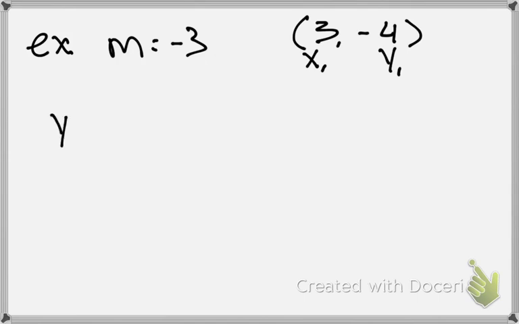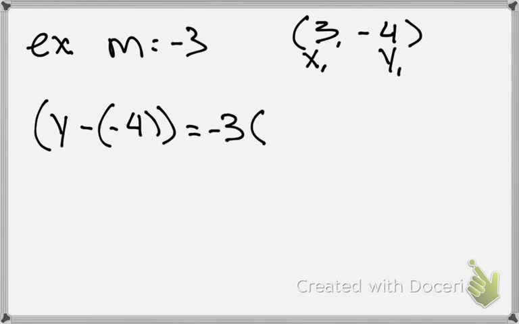So my point-slope form starts with y, and I subtract y1, which is -4. And all of that gets set equal to m, which in this case is my -3. And it's going to be multiplied by x minus x1, which in this case is 3.